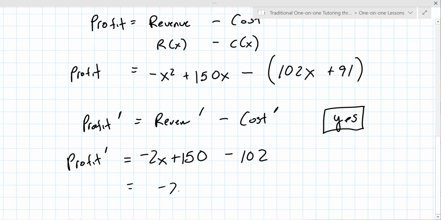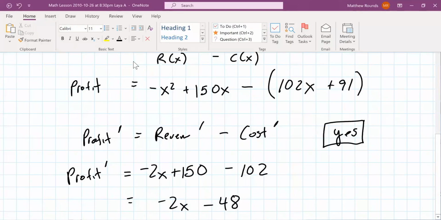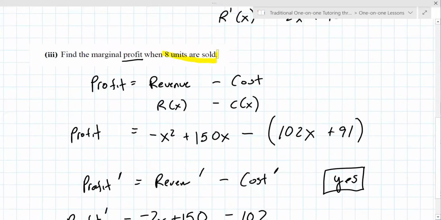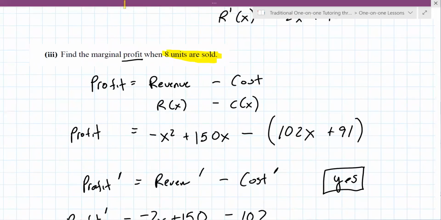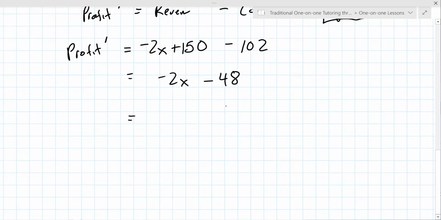So you can simplify this if you want, but the question actually asks, and we got to go back and look at it to make sure. It says, let me just grab the highlighter here, when eight units are sold. So we find the profit, differentiate the profit, and then you have to put 8 in for X. Minus 2 times 8, oh, this is plus 48.